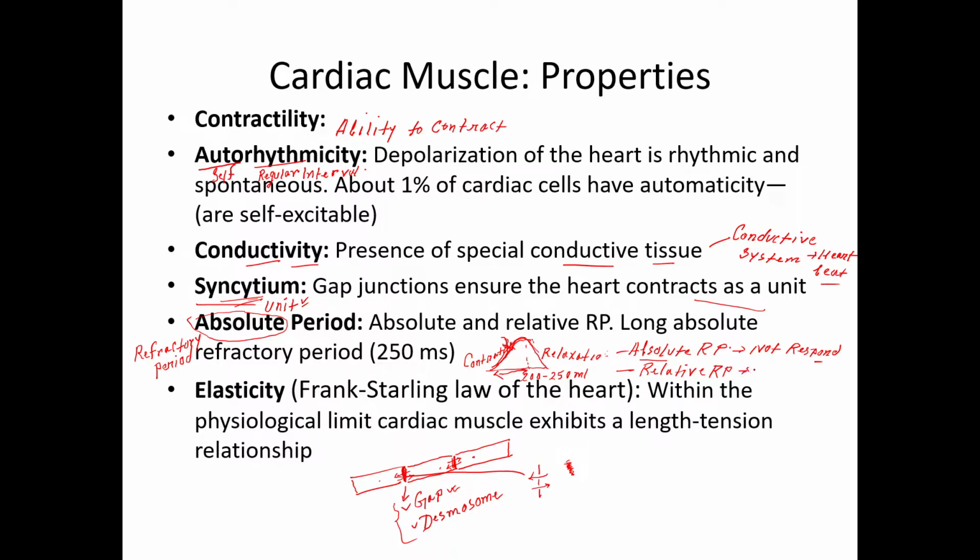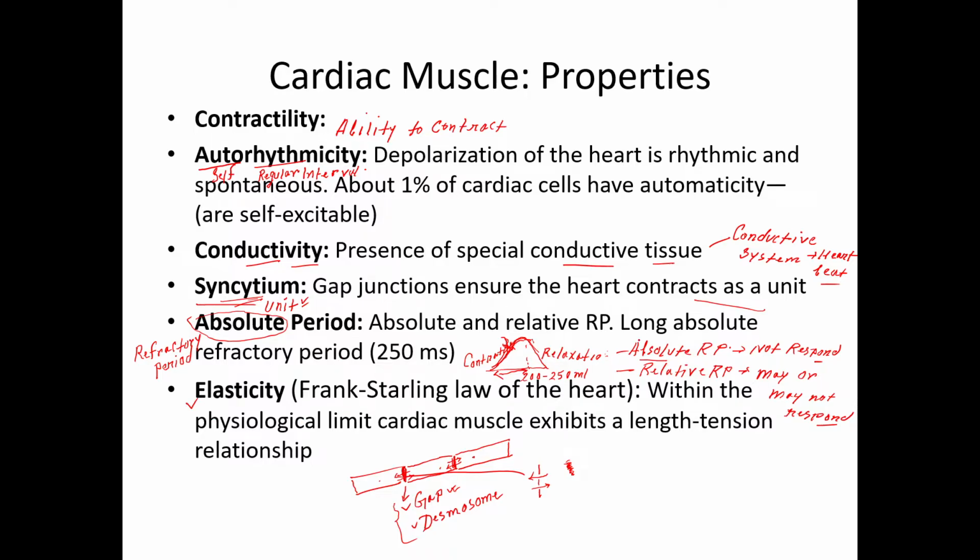That means it may or may not listen or respond during the last part of contraction. So that's why it is called relative, depending on the strength of the stimulus.